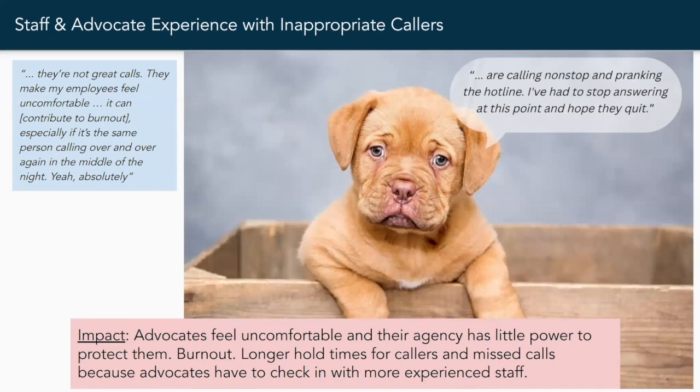It's just kind of a fact of the role, other than offering support on the other end after an advocate has encountered an inappropriate call. And ultimately that can lead to more drain on the agency's resources, with having to offer that support to advocates who are dealing with an inappropriate call and the aftermath.